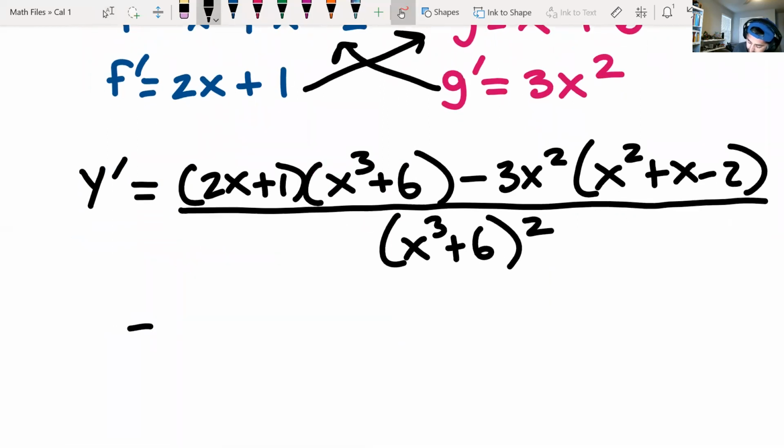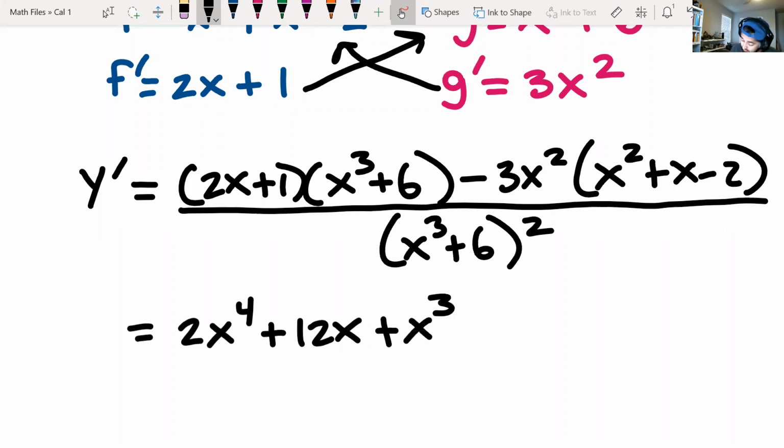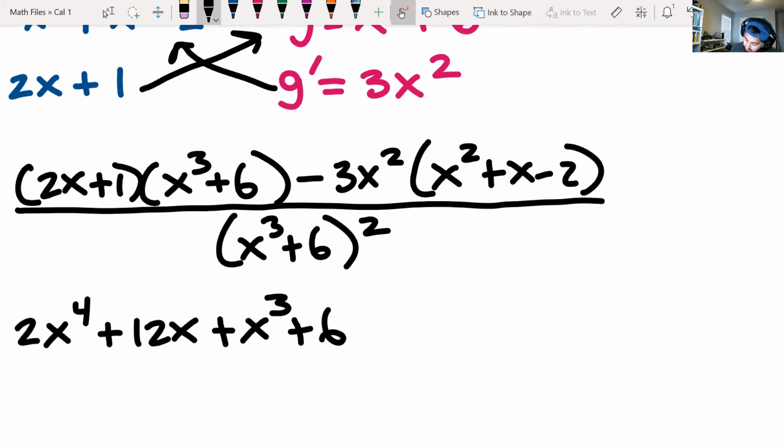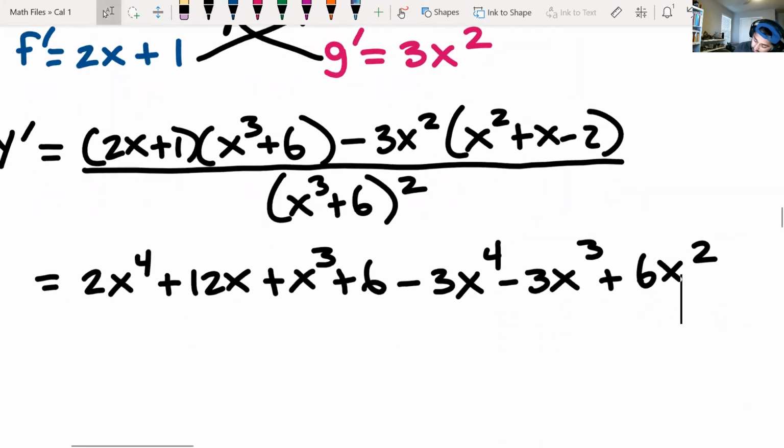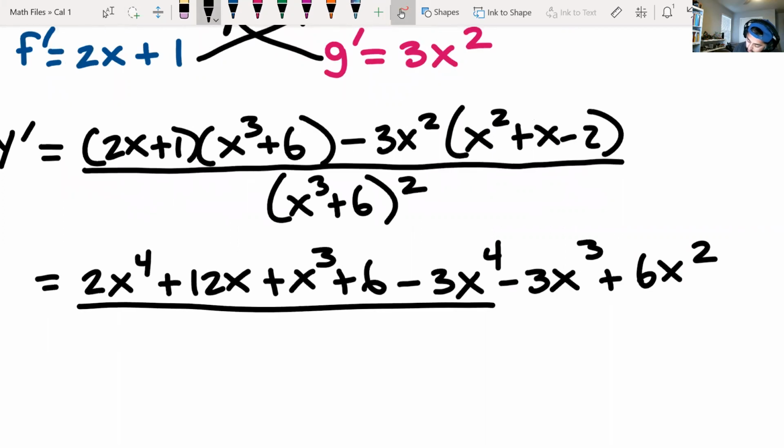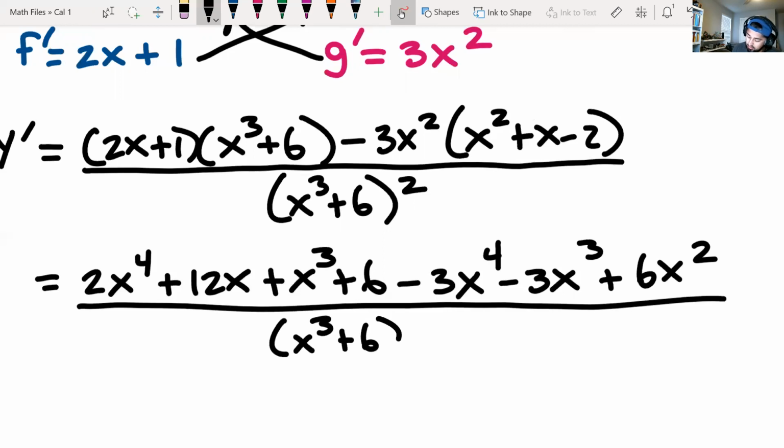So that equals 2x to the 4th plus 12x plus x cubed plus 6, minus 3x to the 4th minus 3x cubed plus 6x squared, all over the original denominator squared.